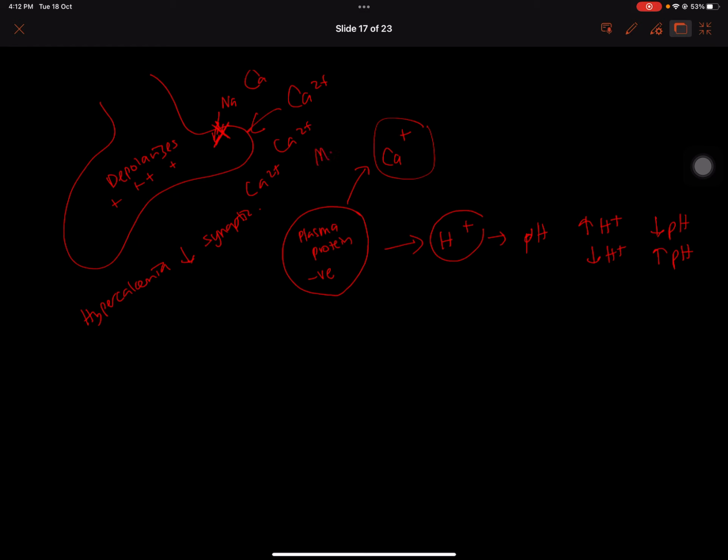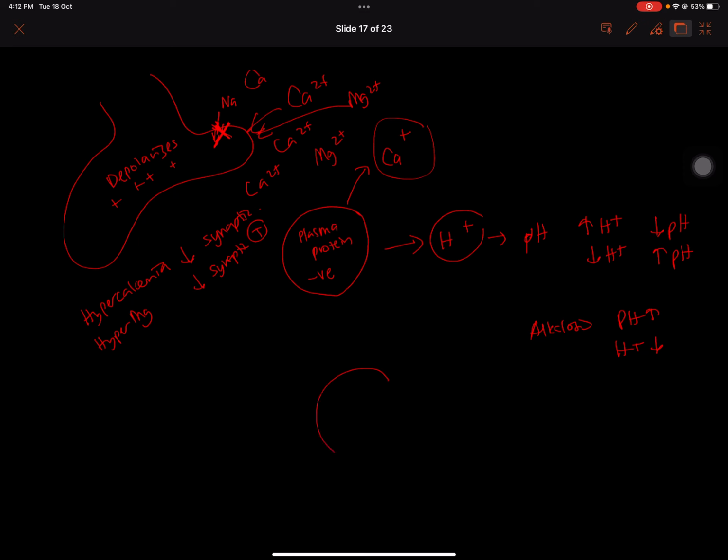Similarly, if we have a lot of magnesium outside the cell, this magnesium can also inhibit the sodium channel. That is why hypermagnesemia can reduce synaptic transmission as well. Now, in alkalosis, pH is high, therefore H+ is low.